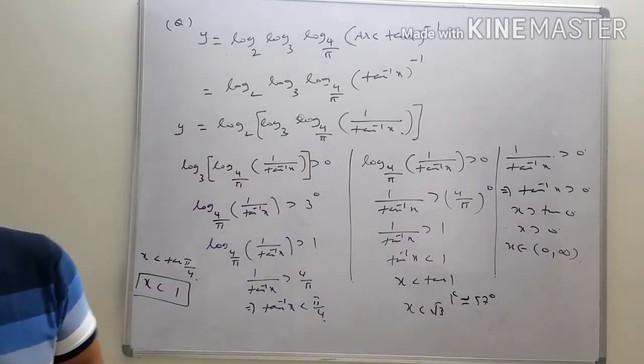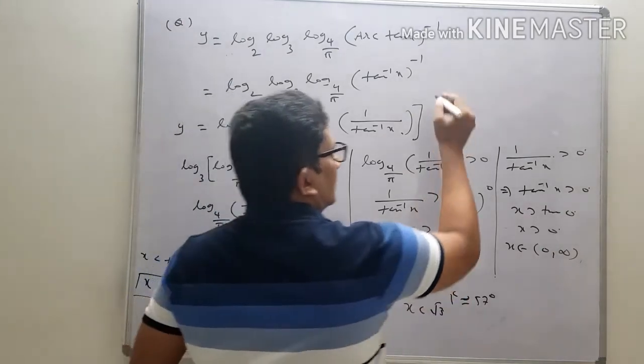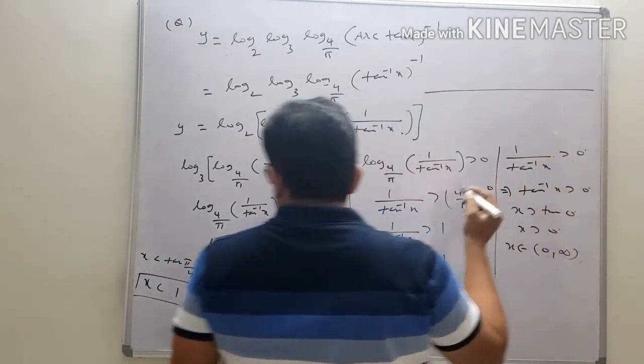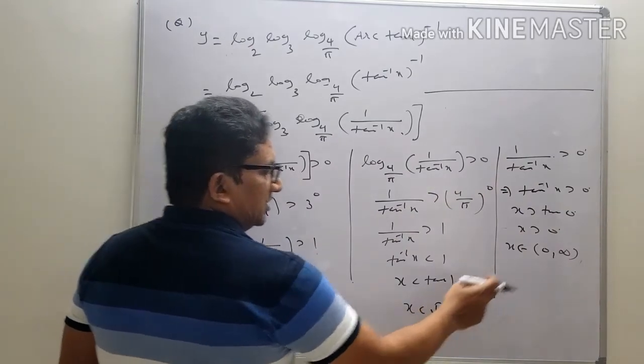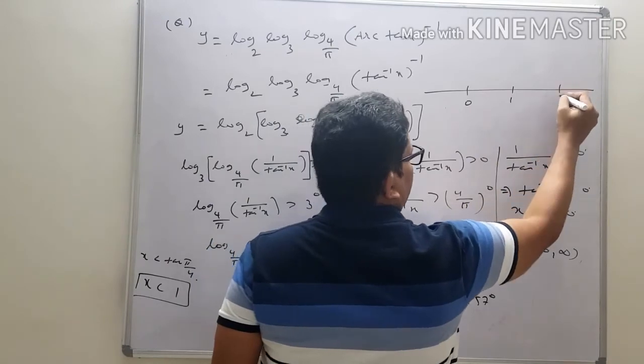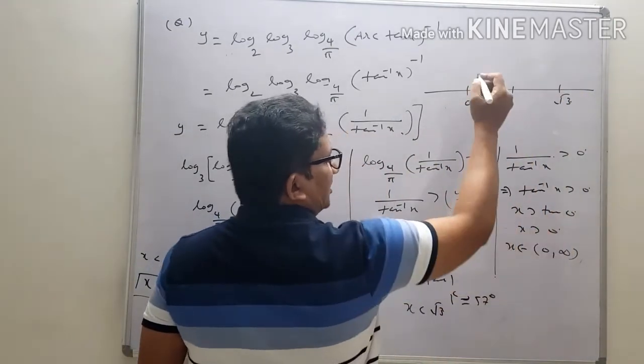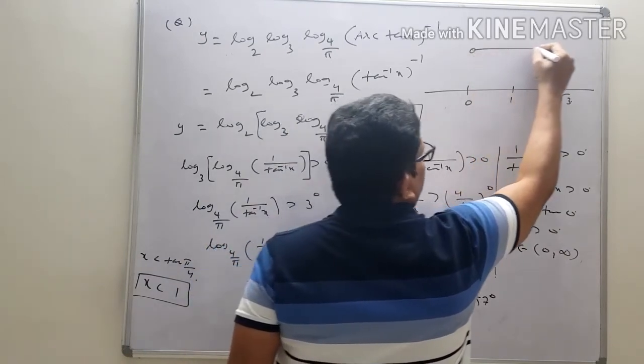Now I will draw the number line for this situation. See, so we need the values 1, root 3 and 0. So the least value is 0, next value is 1 and next value is root 3. So here we got a case x is more than 0, not included.